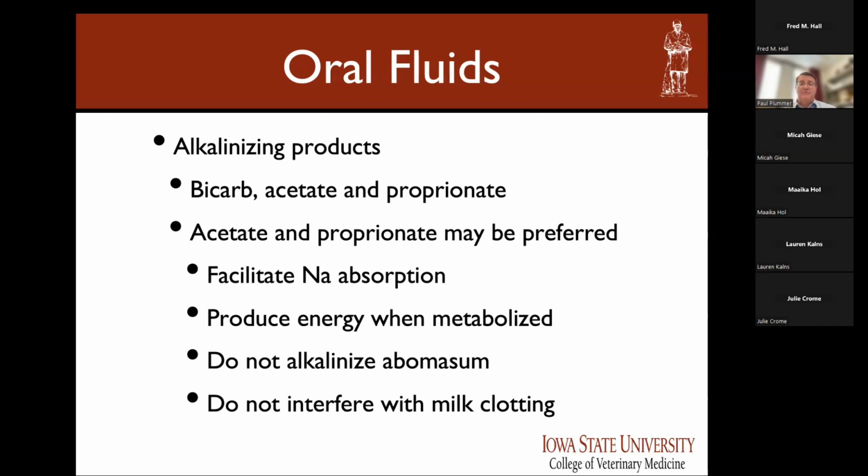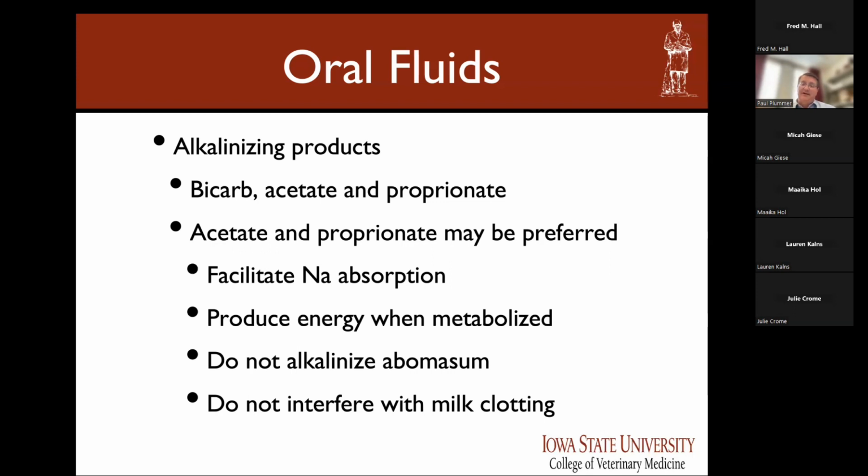But it's driven predominantly by the pH of the abomasum. And so if we use oral bicarb, then that changes the pH of the abomasum, and we don't get as good a milk clot, and we may not be as effective in nutrient absorption from the milk that they're consuming.